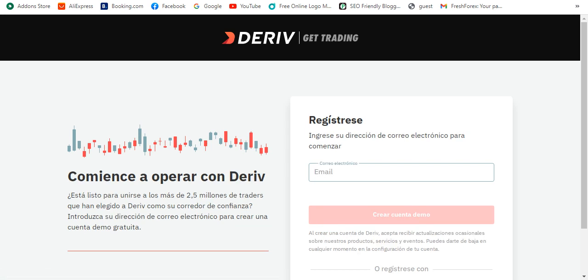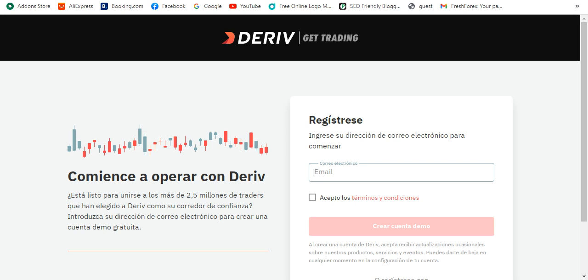They are going to create a demo account for you, while you complete the account process through your email. After you enter your email and create a demo account, they will ask you to continue by going to your email. You will see the email they sent to you. Click on the link attached to that email to complete your account.